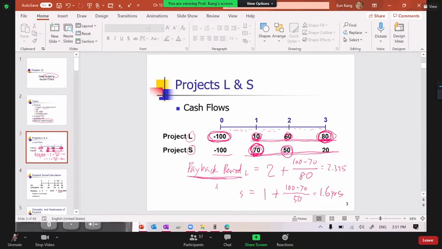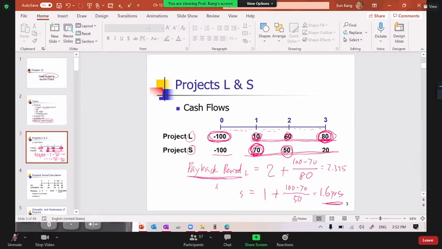So if you use the payback period rule, which one do you choose? S. Check, S. The shorter the better, right? You want to get your money soon, and think about liquidity, right? You want to get your money soon rather than later. So S is your choice.